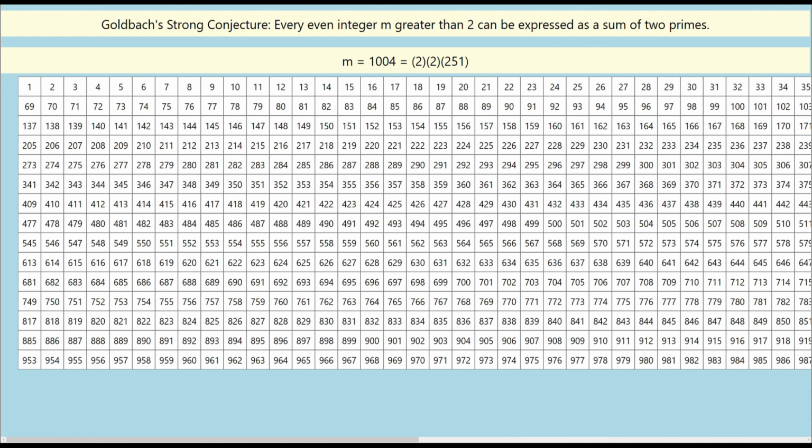We say that i and j are complementary. For example, 1 and 1003 are complementary, 3 and 1001 are complementary, and so on. If i and j are both primes, we say that i and j are Goldbach numbers.